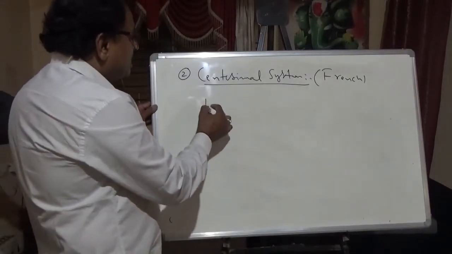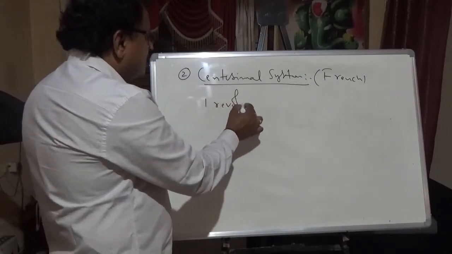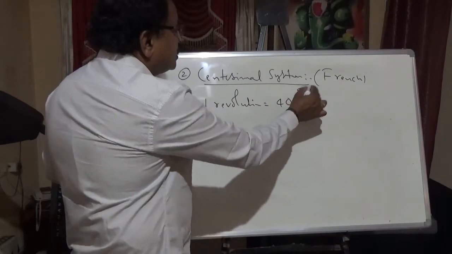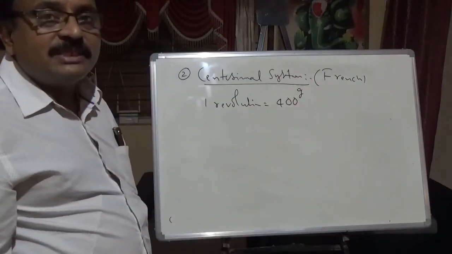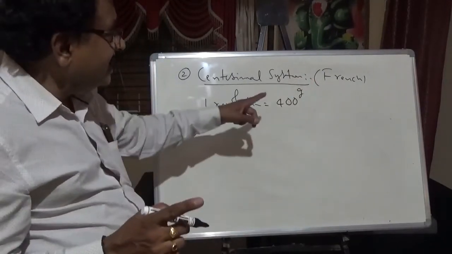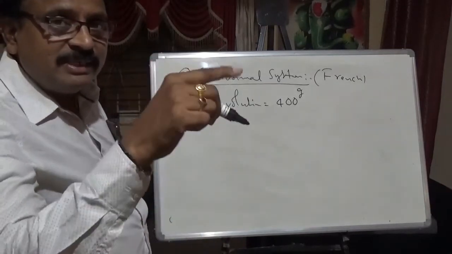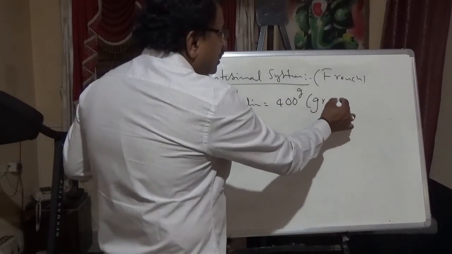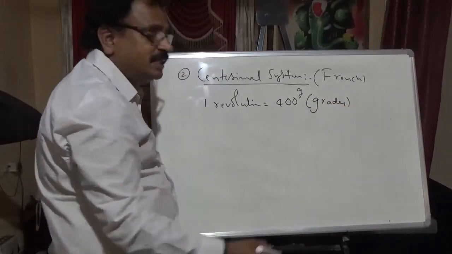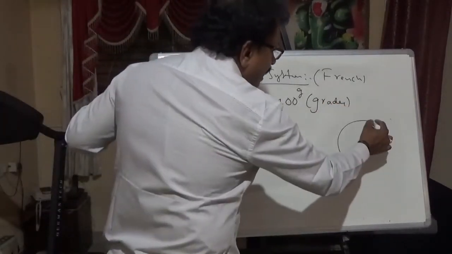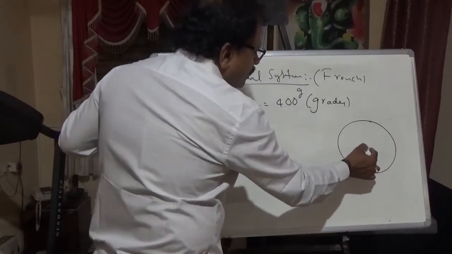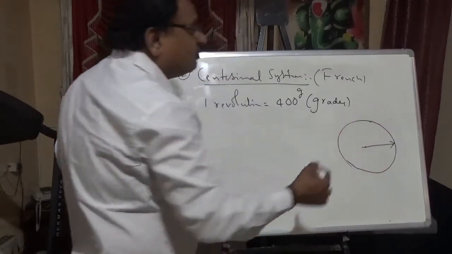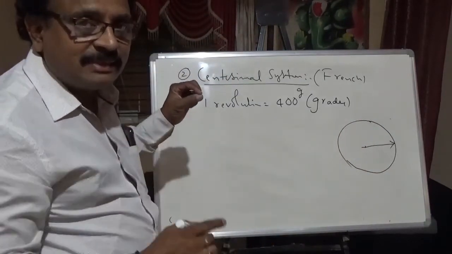One revolution is 400 grades. In the centesimal system, in French, we are using grades. We keep a G on the top, that is called grade. Grades means, here the same circle, this is the ray. To complete this ray it will take 400 grades in this system.